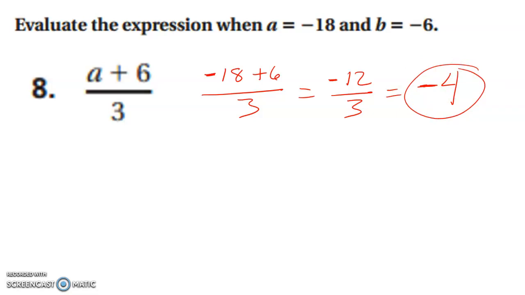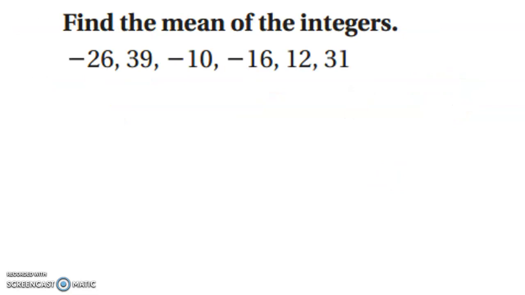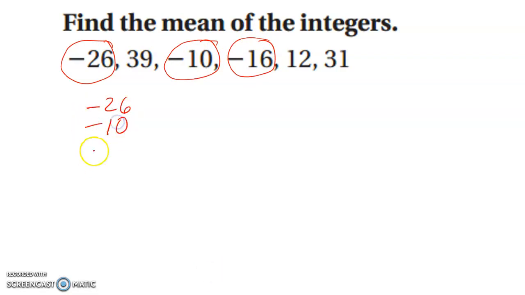All right, the next page. Mean. There is a problem on the test that talks about mean. So make sure you know how to find the mean. So for me, on the mean, I'm going to take all the negatives and add those up. So -26, -10, -16.